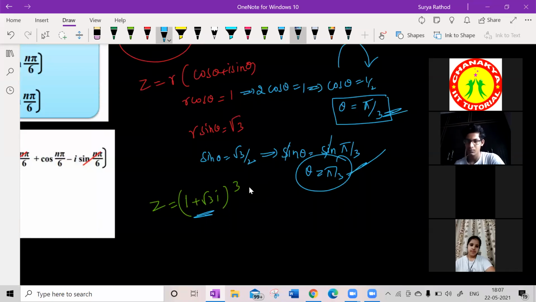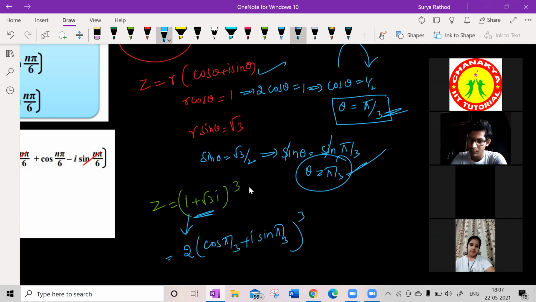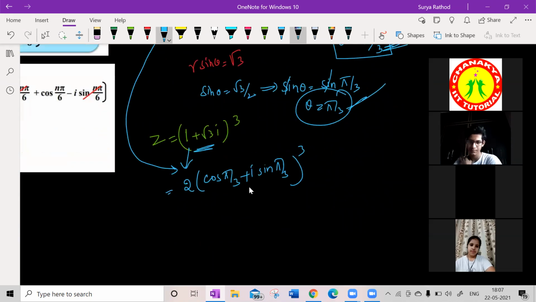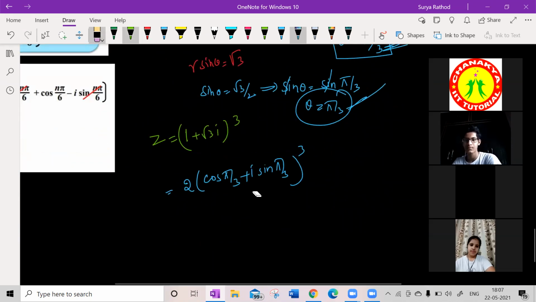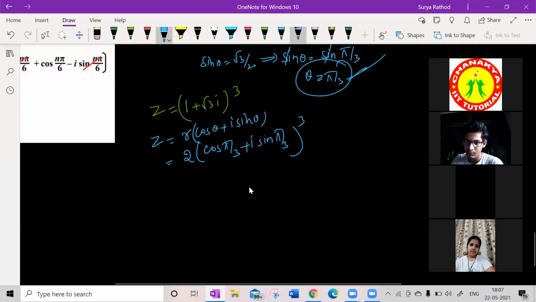R is 2, so I get 2 times (cos pi by 3 plus i sin pi by 3) whole to the power of 3. Z is equal to r (cos theta plus i sin theta), so I'm substituting that.